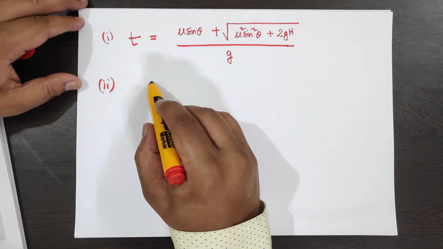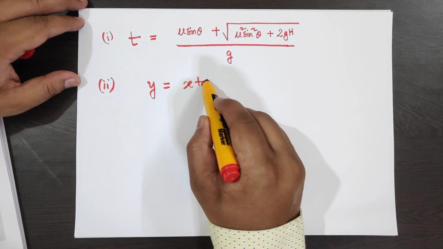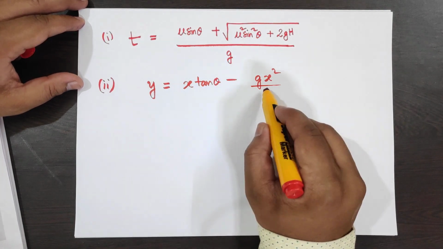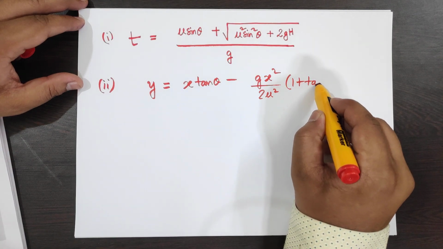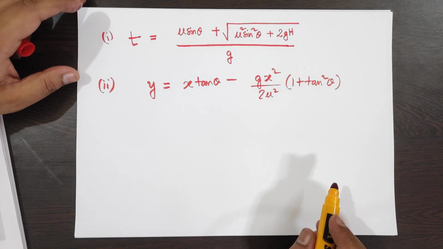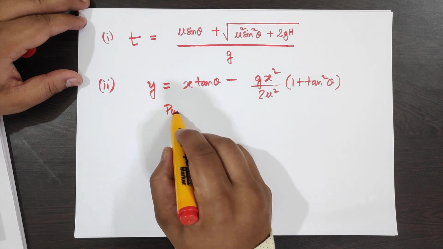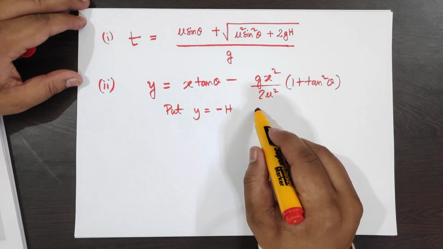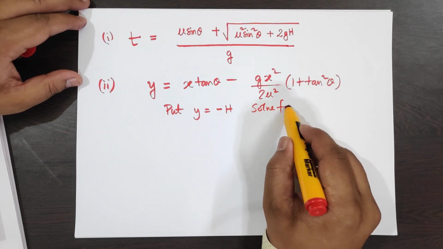Here we will use the equation of the trajectory, y equal to x tan theta minus gx square by 2u square into 1 plus tan square theta. So here you put y equal to minus h and solve for x.